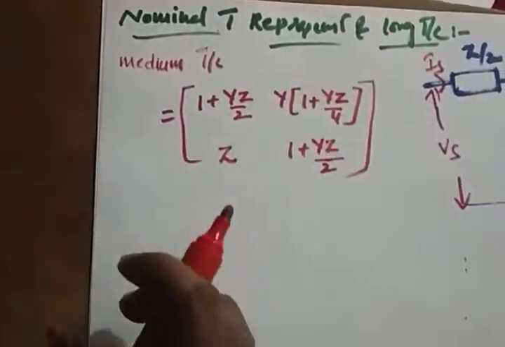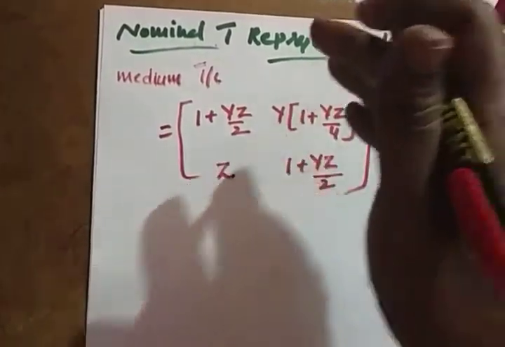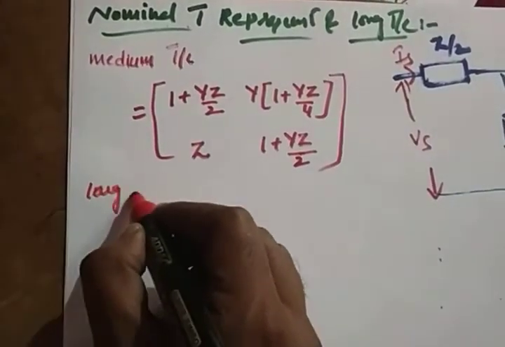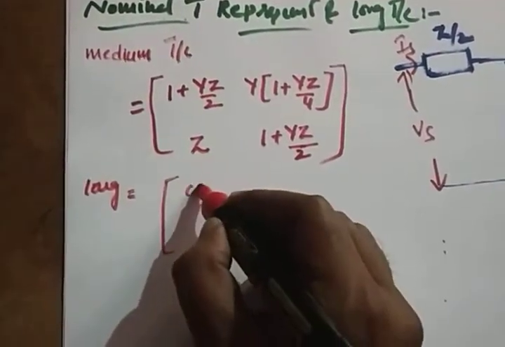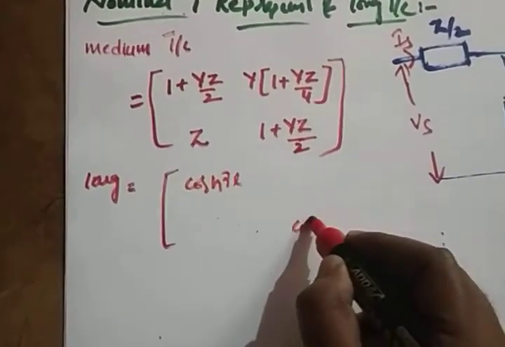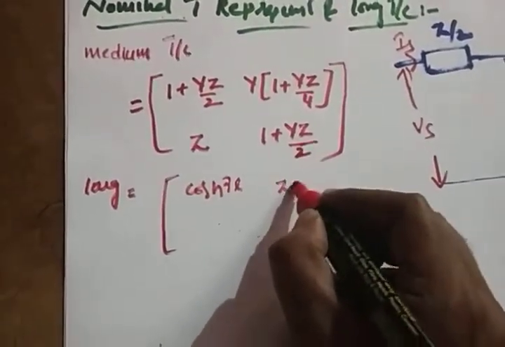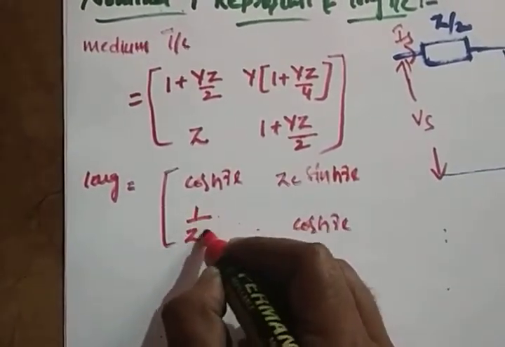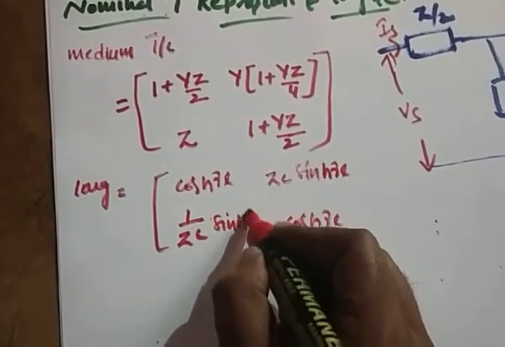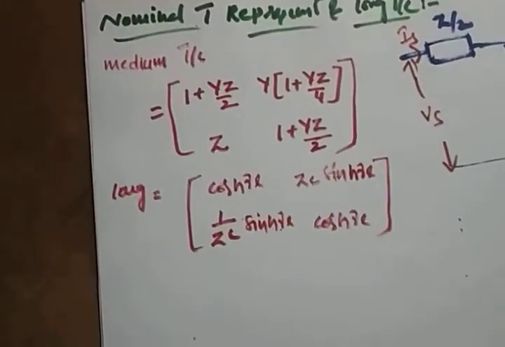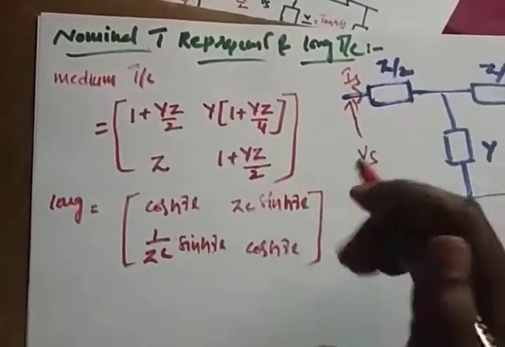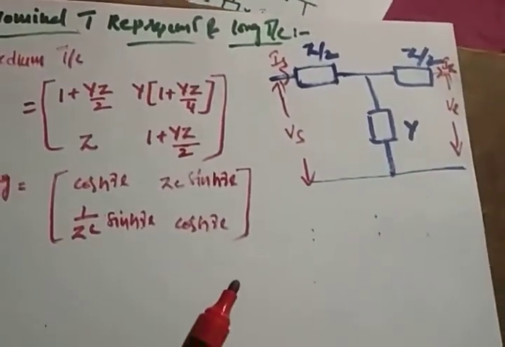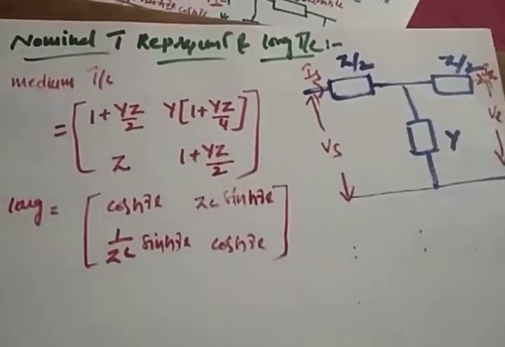Similarly, these two are going to be replaced: here you will get Y, here you will get the Z value, that's it. For a long transmission line, you know the values: cosh gamma l, here also cosh gamma l, Zc sinh gamma l, and 1 by Zc sinh gamma l, a simple representation. So from this you have to calculate what is the Z by 2 value, what is the Y value, substitute this, and you will get the nominal T representation of a long transmission line.